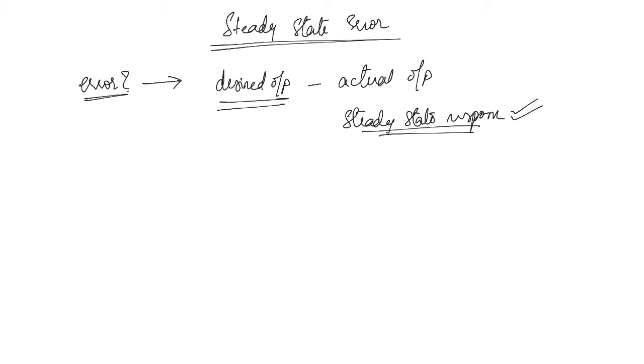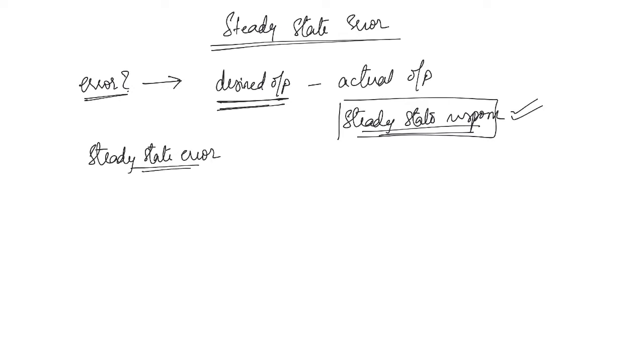So the desired output minus the steady state response will give the steady state error. If the output is C of t, then the steady state response is found as C of t as t tends to infinity.